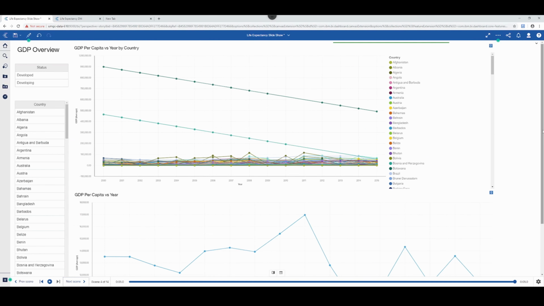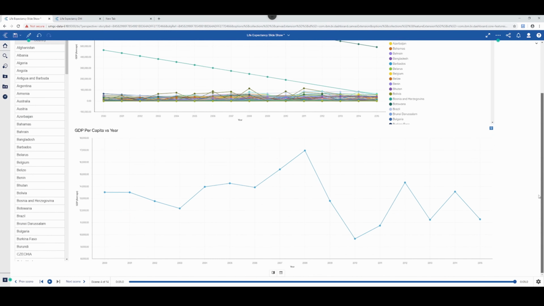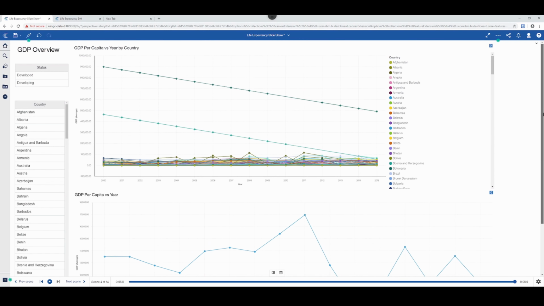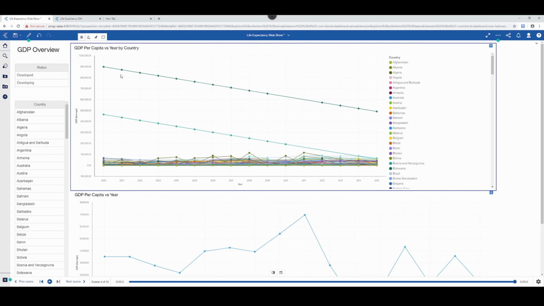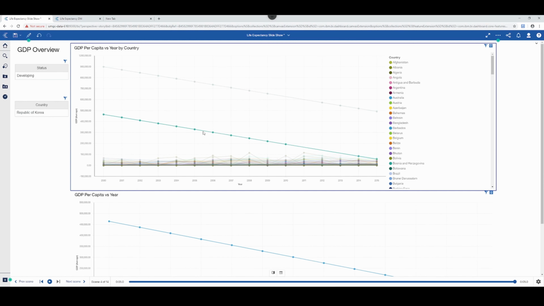So in this scene, we have more of an overview of the data. In this case, we're looking at GDP per capita, which is the gross domestic product. In the first chart here, we have GDP per capita versus year, and it's split out by country. I wanted to show this to the user because we can clearly see some outliers here for Republic of Moldova and for the Republic of Korea.